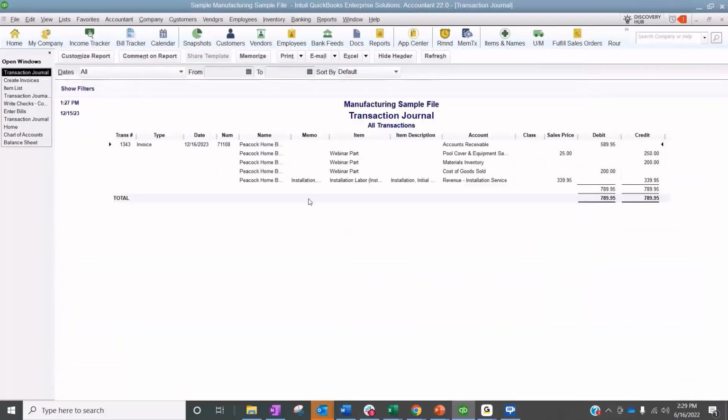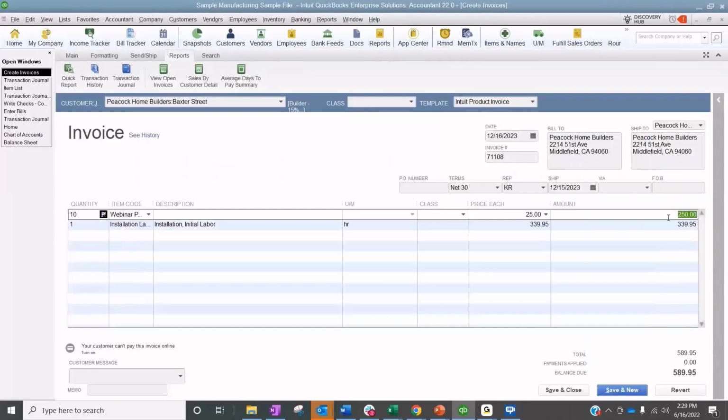Now, inventory, we have a whole video on this. We have an inventory video on inventory debits and credits, so go check that out. It's a lot more complicated. But in this situation, let me just run through it real quick. When you have inventory on a sales transaction, you're affecting sales, but you're also lowering inventory and raising cost of goods sold. So in this case, I have my $250 in sales revenue right here.